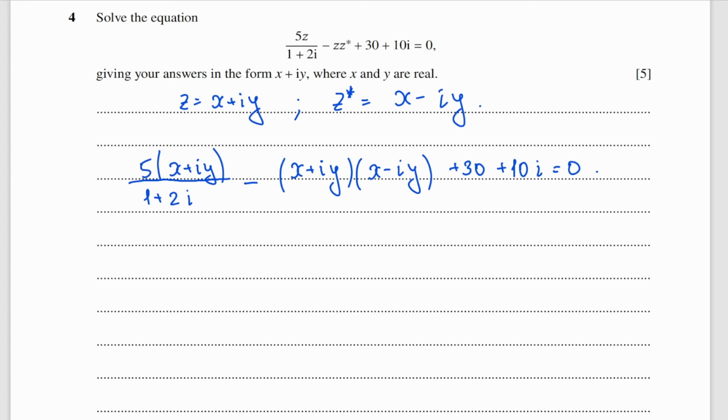Now, I want to do two things. I want to multiply the fraction by the complex conjugate, basically 1 minus 2i, so I can get rid of complex numbers in the denominator.